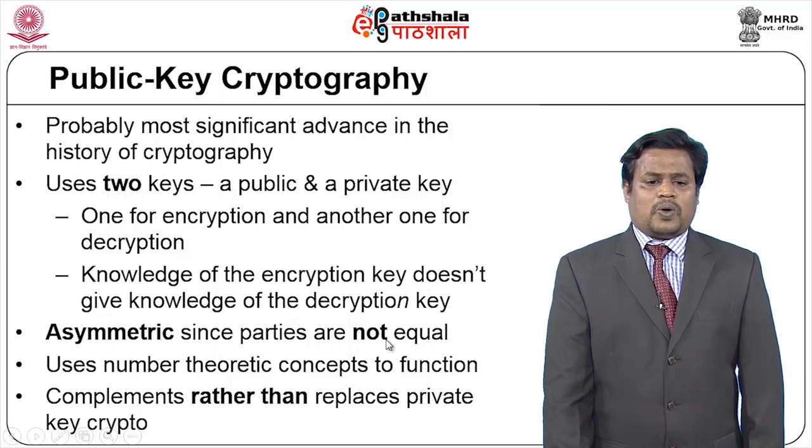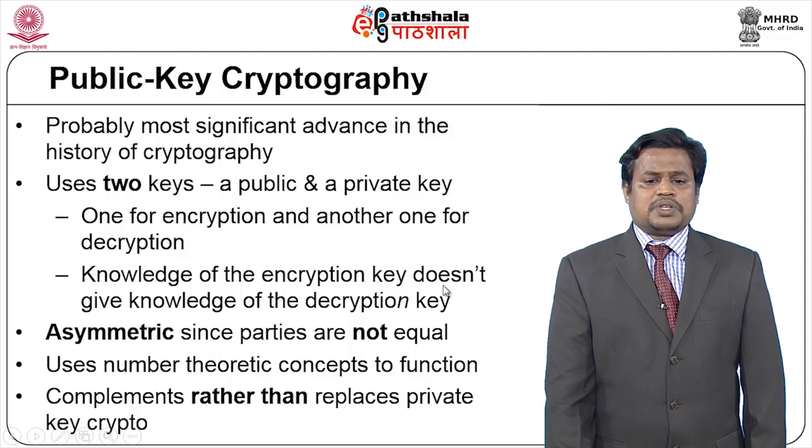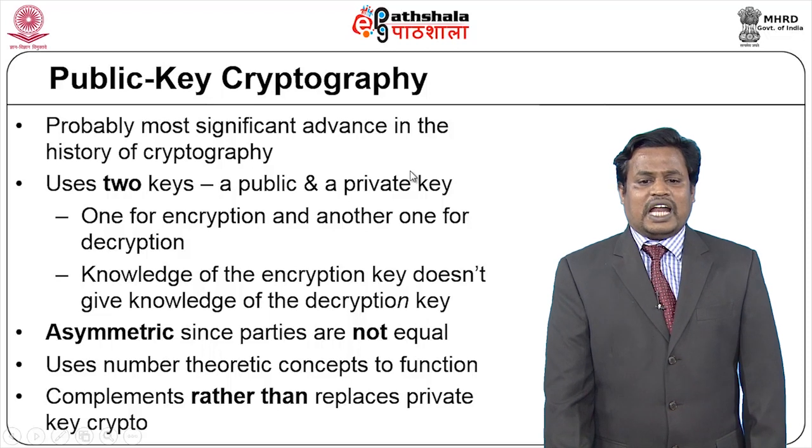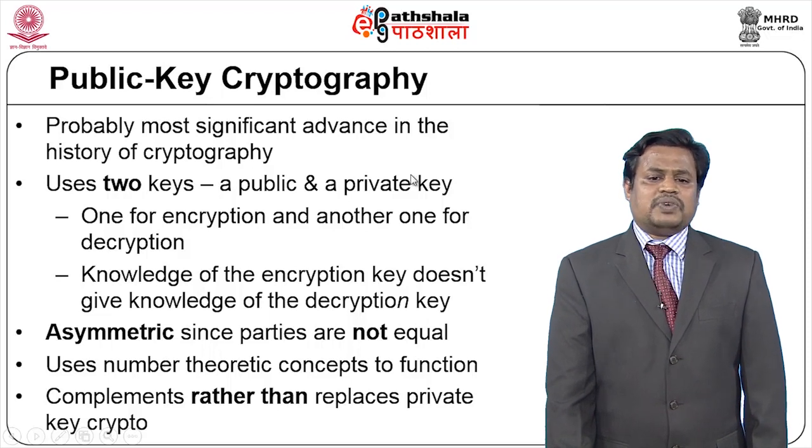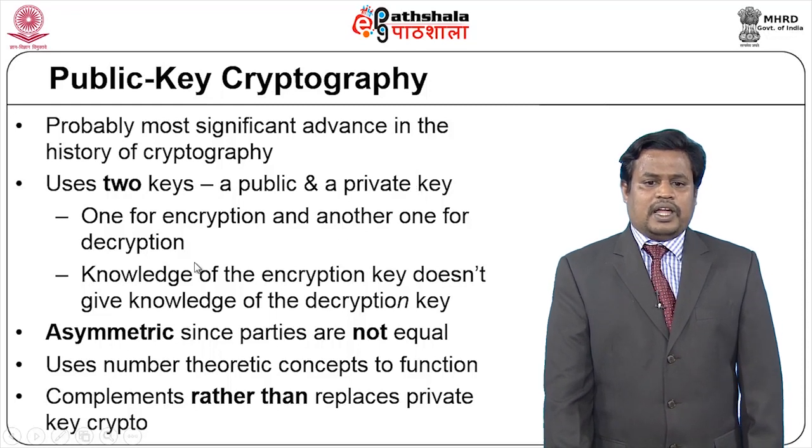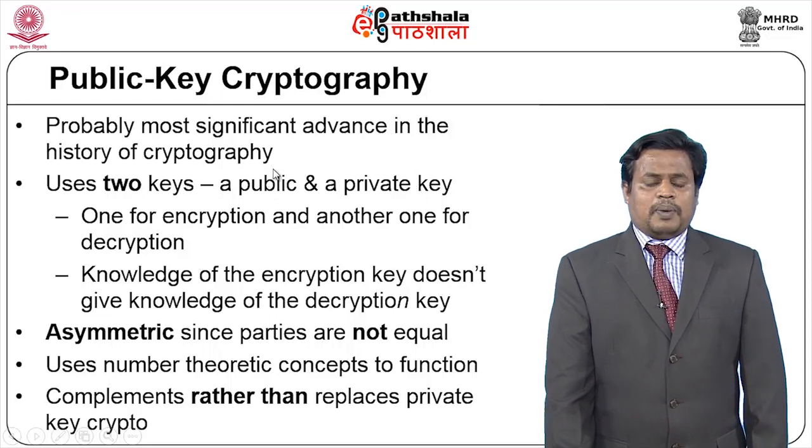This is the core idea behind the public key crypto system. So a person who has the public key cannot derive the private key. That is very, very difficult, and that challenging task is what has allowed the system to survive. Knowing the public key, it is very, very difficult to derive the private key.